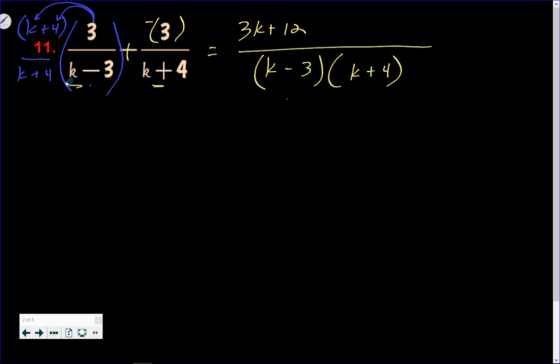Okay, and then the same thing on this one. How do I get this to match up with that? Distribute -3 times k. -3 times -3.